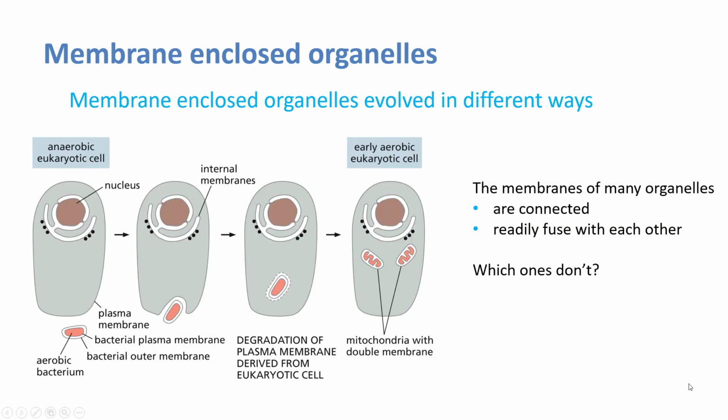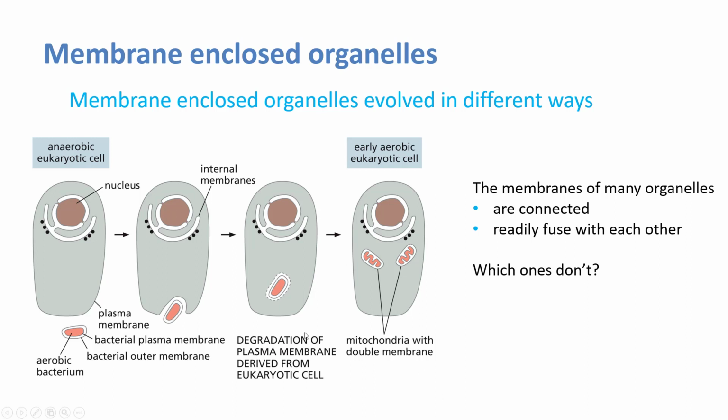We saw earlier in semester about how mitochondria were formed. So mitochondria were formed when one of those ancestral cells with that newly formed nucleus engulfed a bacteria that was capable of aerobic respiration.